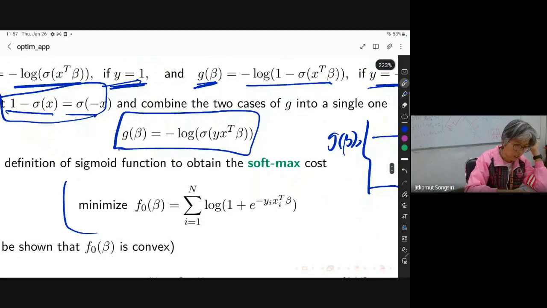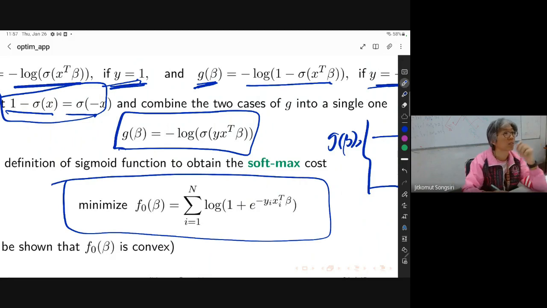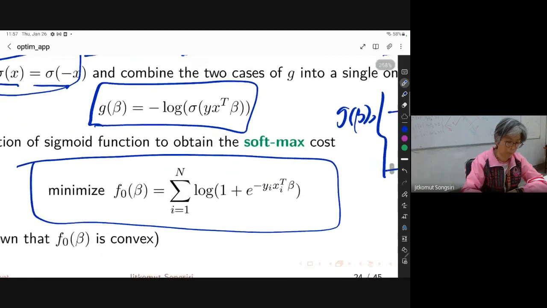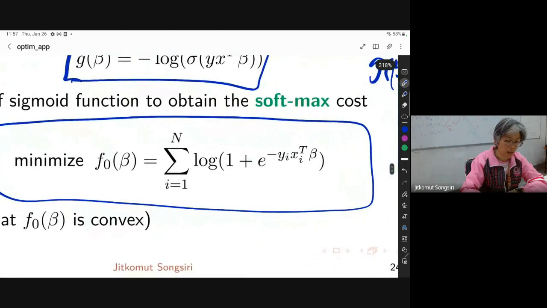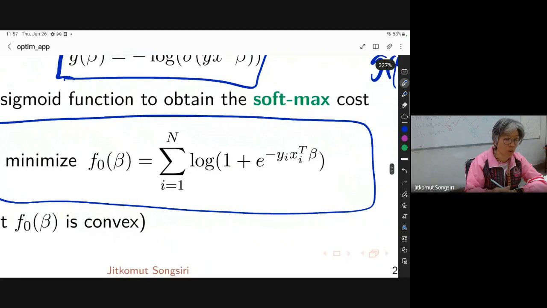Maybe just take a look at the end result. In that case, this is called the classification problem with the soft max loss function. Again, the variable is here.